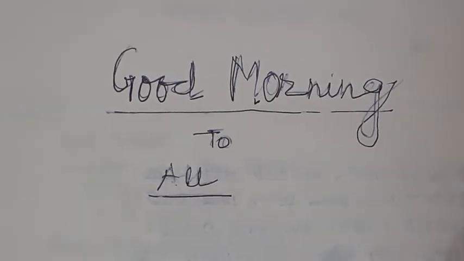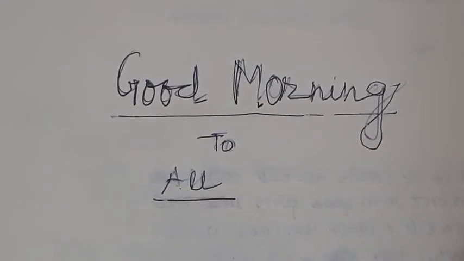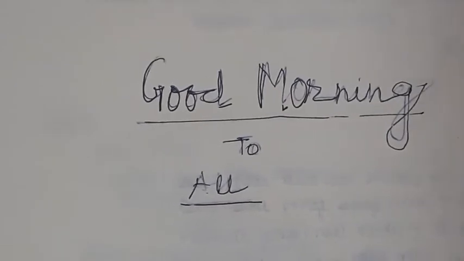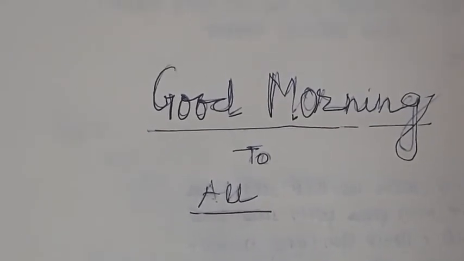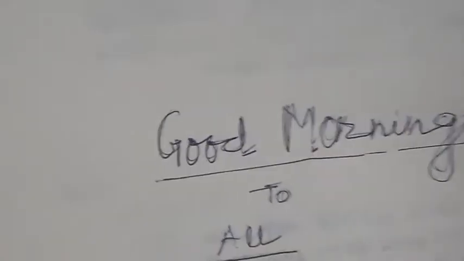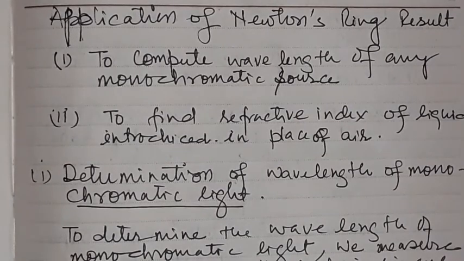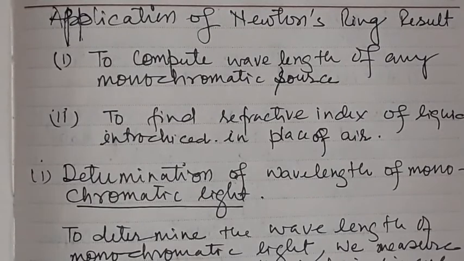As you know, the diameter depends upon the number of fringes or order of fringes. So first we try to compute the wavelength of the monochromatic light source, and then in this lecture we discuss the refractive index of the liquid introduced in place of the air.